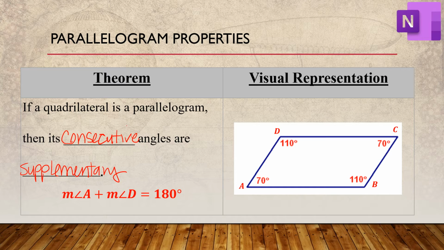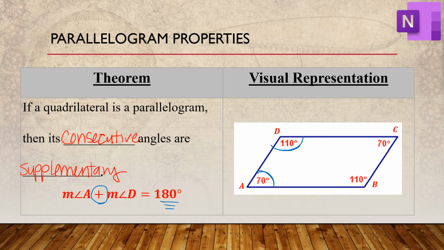So that means we just talked about consecutive. So consecutive means one after another. So as you can see, angle A and angle D are one after another, right next to each other. And these 2 angles together, their sum is 180 degrees, making these 2 angles supplementary.